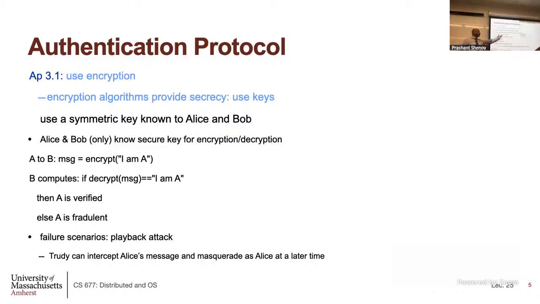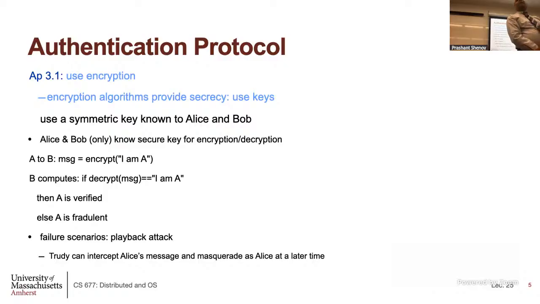But that's okay because all that the intruder truly has to do is take that encrypted message and send it back to Bob saying, I'm Alice, and Bob will allow you to log in because Bob will decrypt the message and believe it came from Alice. Right? So encryption by itself didn't help us because this is now vulnerable to what's called a playback attack, where you don't know the contents of the message, you cannot extract the contents of the message, but you present the same message again to Bob, and now you essentially are able to prove that you're Alice.